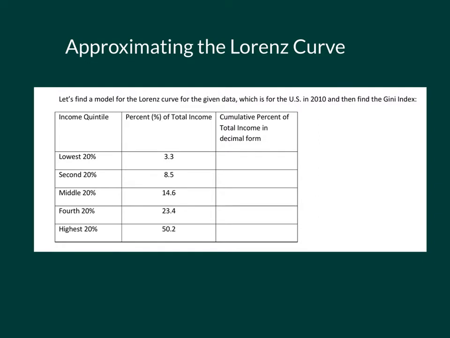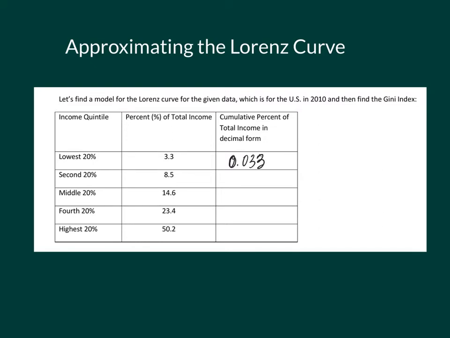All right, first thing we need to do is write down in the right-hand column the cumulative percent of total income in decimal form. For the first group, that lowest 20%, we're just going to use 0.033.